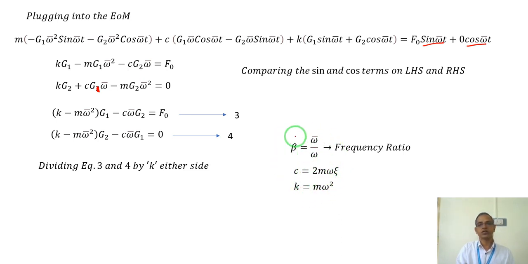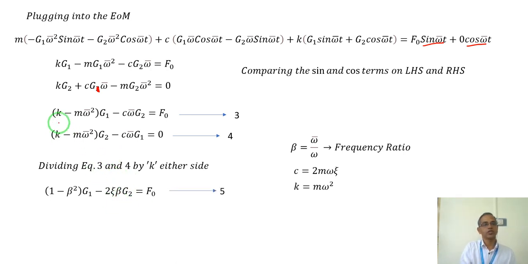Taking these into the equation, k by k becomes 1, m by k will be 1 by omega square, omega bar square by omega square is beta square. That's how I got 1 minus beta square G1 minus 2 xi beta, because c is nothing but 2 m omega xi.